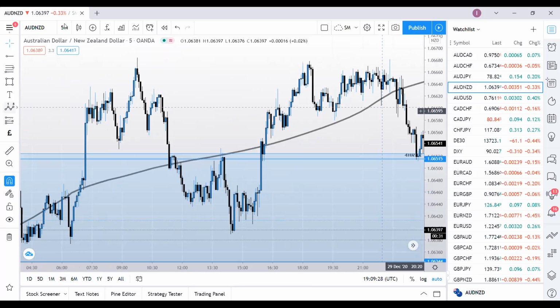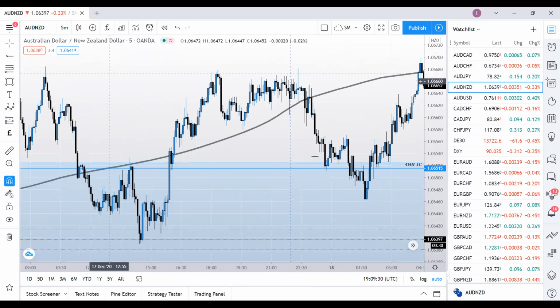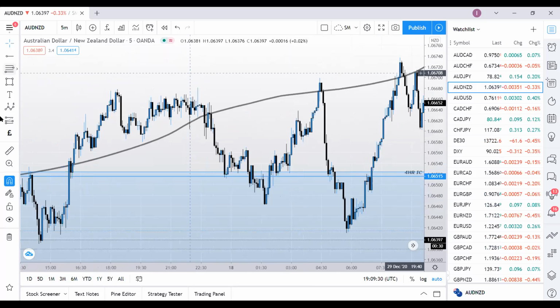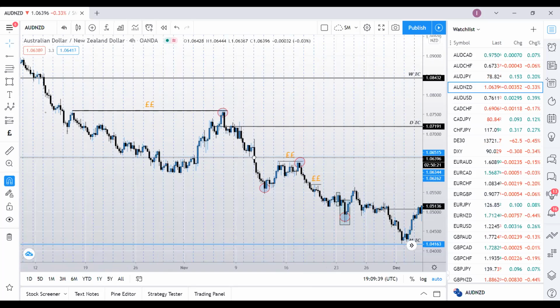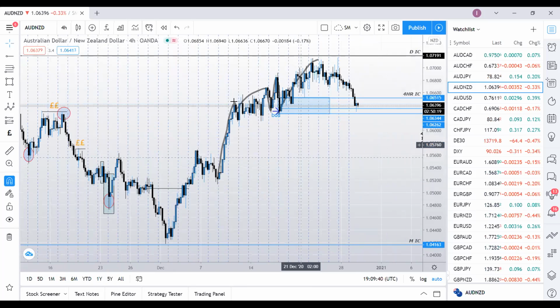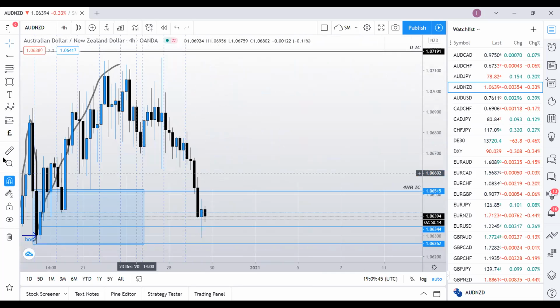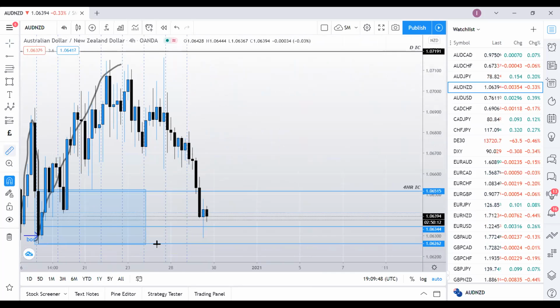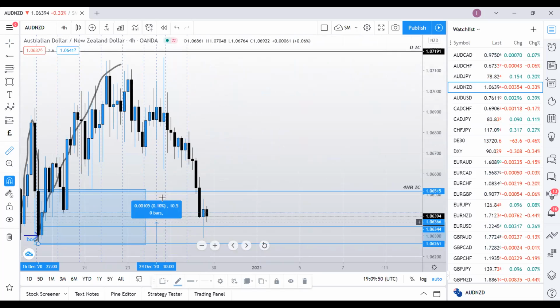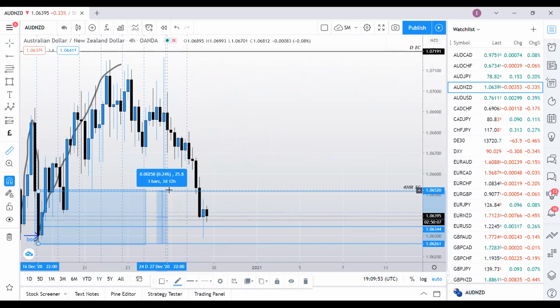Now this is what I do for the next steps. Let me move this into the 4-hour time frame. So can you see that from an IC candle, your stop loss would have been, what's that, 25 pips?